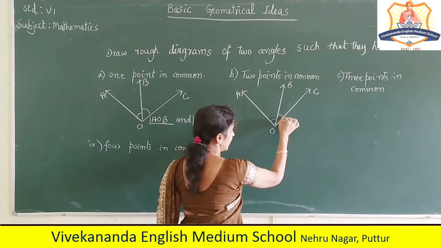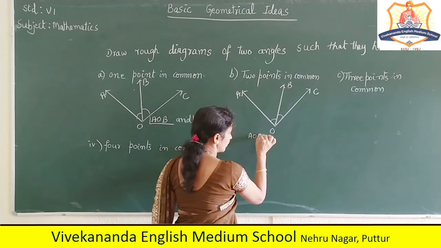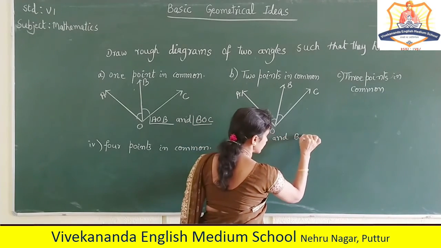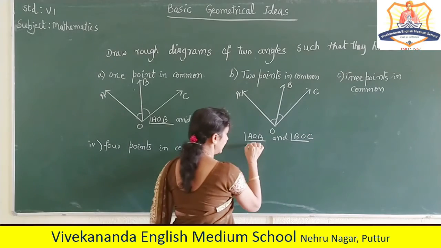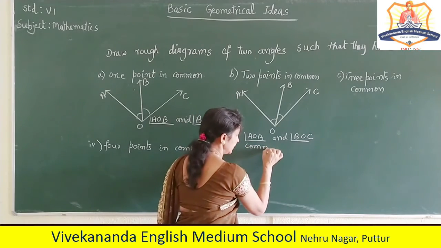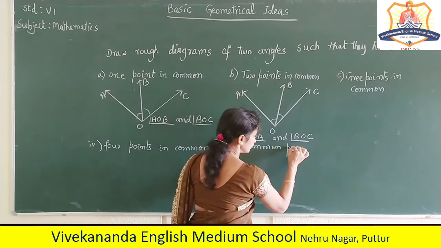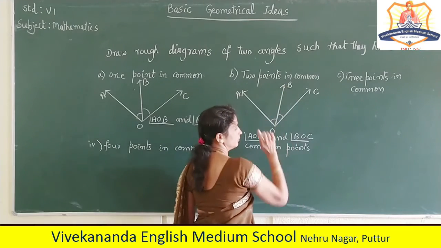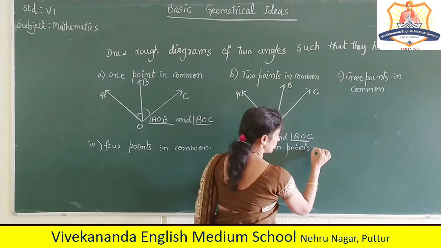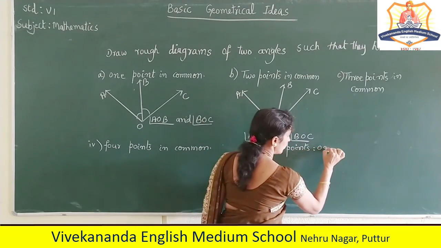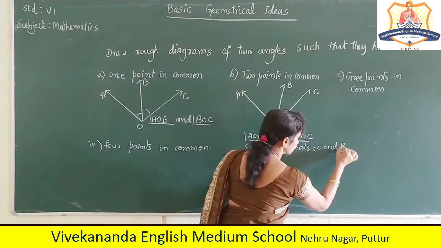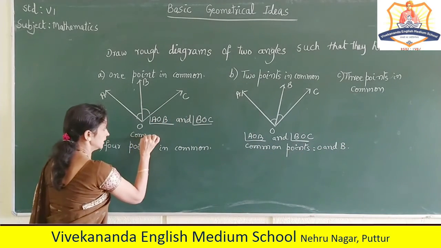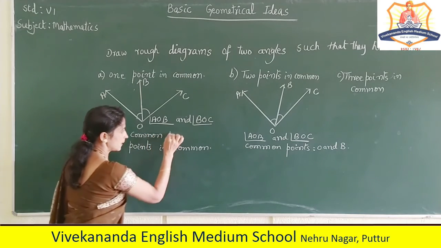Here angle AOB and angle BOC are the two angles, and the common points are O and B. So you can write common points O and B.